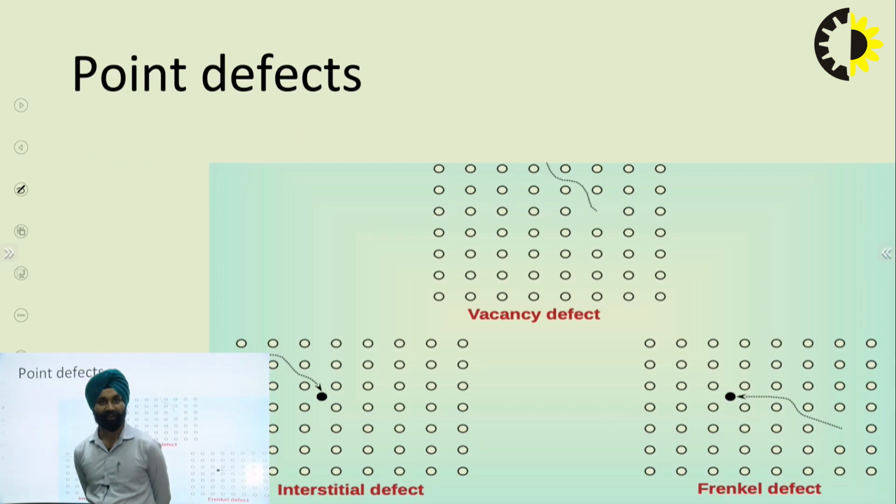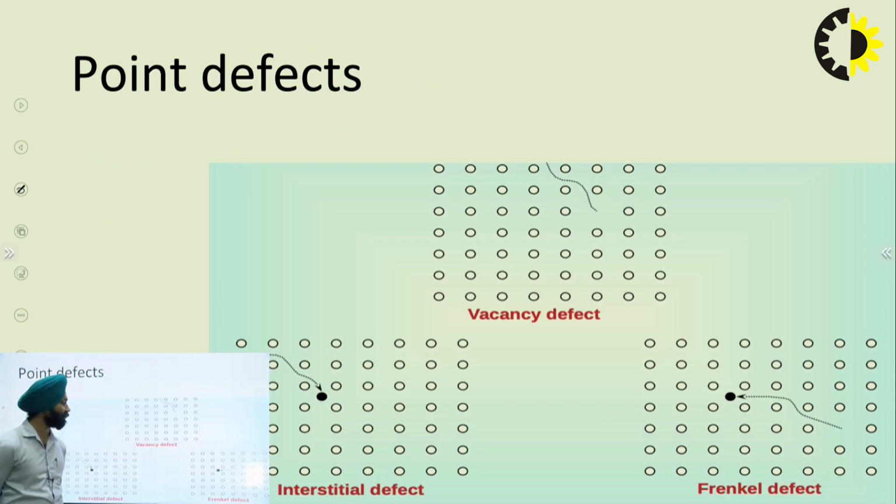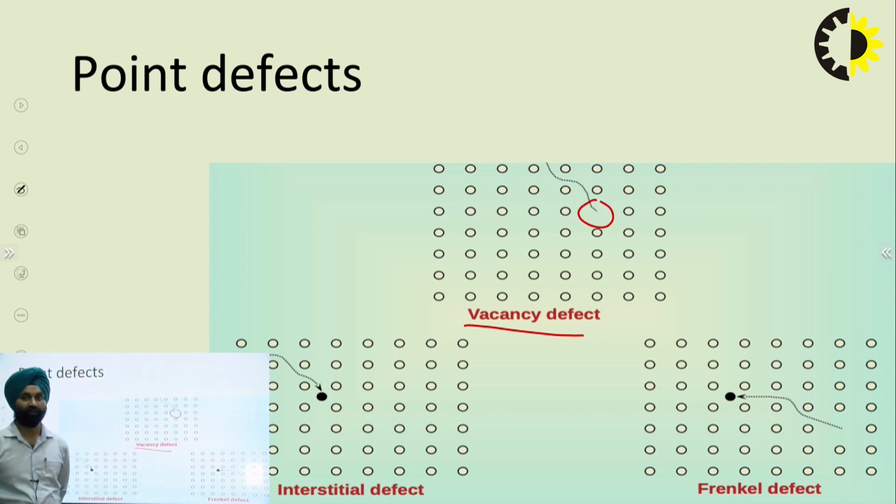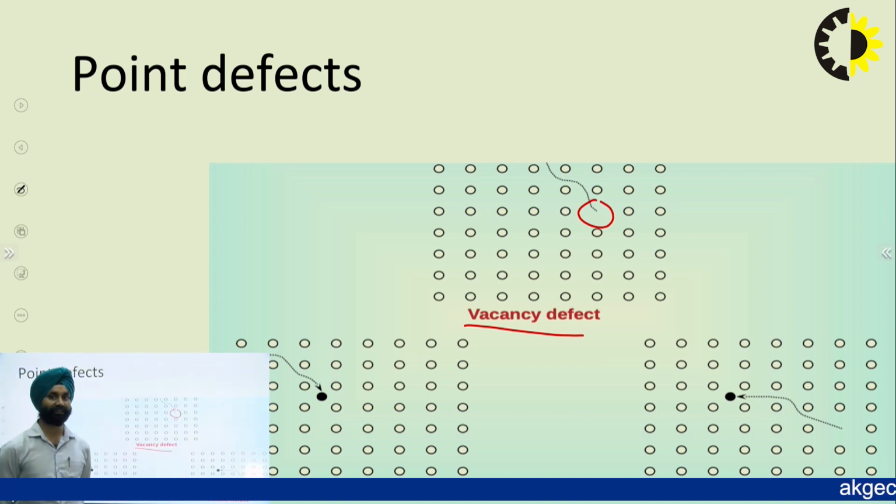So point defects are of three types. One is the vacancy type, which is the defect where we miss some atom. For example, if we have a body centered cube, and an atom is missing at the center, then it will be a simple cube in the lattice of body centered cubes, and there will be a vacancy at the center.